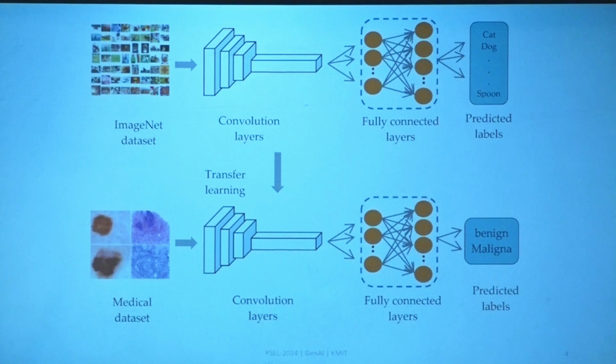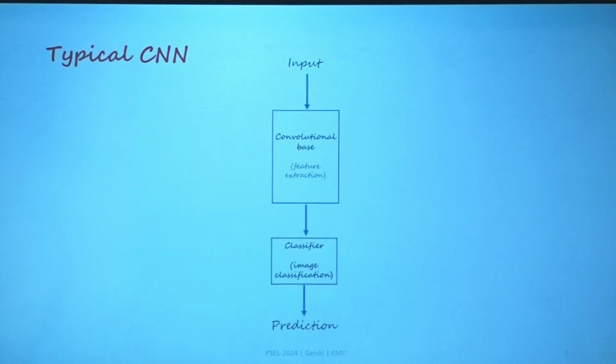Okay. Generally, if you look at the typical CNN architecture, there are two parts. One is the convolutional base, which will do the extraction of the features. This convolutional base is comprised of convolution layers and max pooling layers. This we are calling the convolutional base, by which different features will be extracted for the given image.